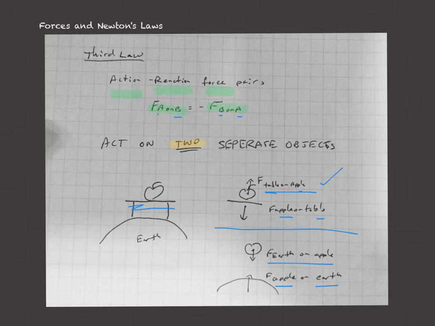It's a gravitational attraction. Every object that has mass has gravity. So if the earth has a gravitational field, the apple has a gravitational field. Okay? And remember, it's equal and opposite. So the force that the earth is pulling down on the apple is equal to the force of the apple pulling up on the earth. But the reason why we don't notice that the earth is being pulled up is due to the mass.